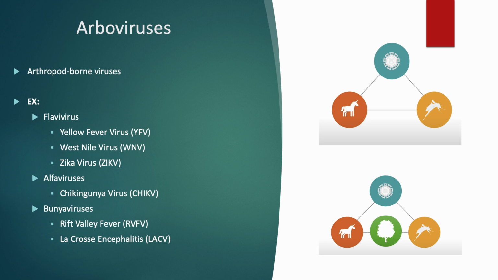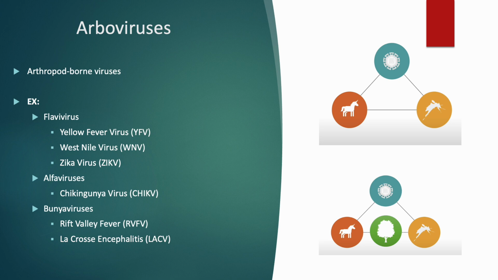The term arboviruses comes from arthropod-borne viruses. Arthropods are things like insects and ticks, and they are vectors of these arthropod-borne viruses, meaning that they can transmit them. Some examples of arboviruses are the commonly known flaviviruses: yellow fever virus, West Nile virus, and Zika virus.